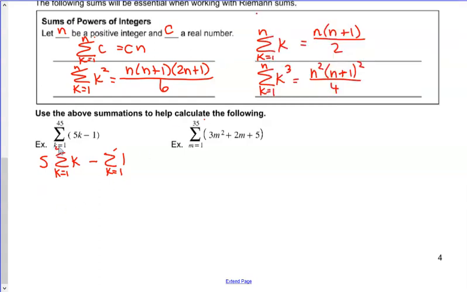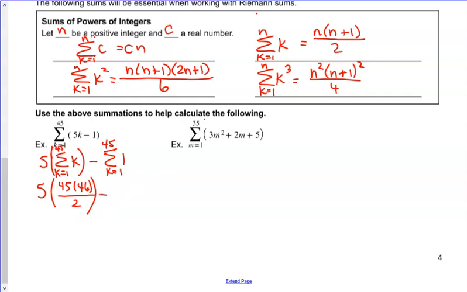So we have 45. So now I have the 5, but this whole thing right here, I'm going to use that n times n plus 1. So my n is 45, my n plus 1 is 46, and I'm going to divide that by 2. Again, I get that straight from this property that I have here.